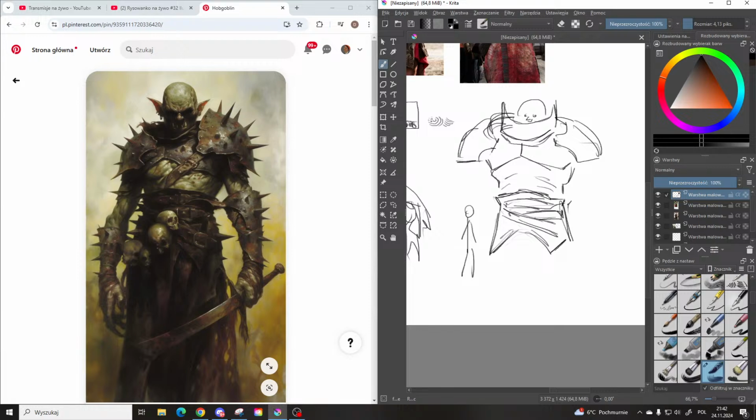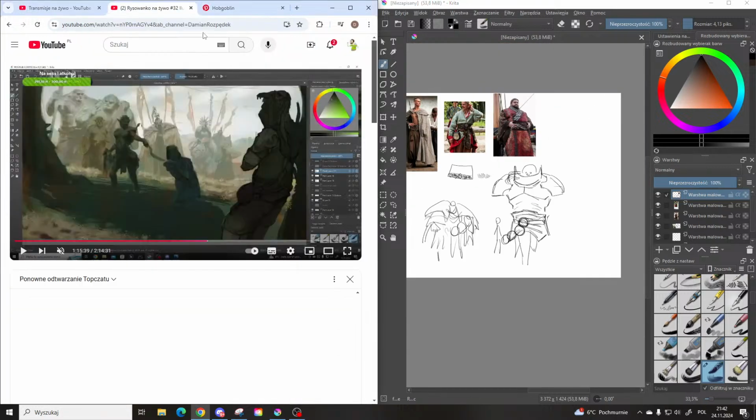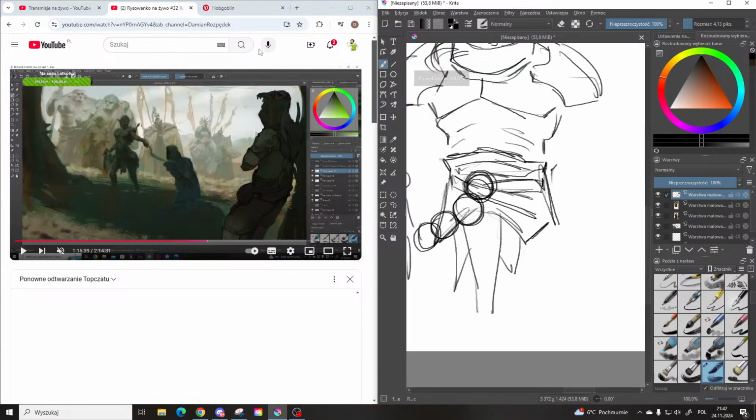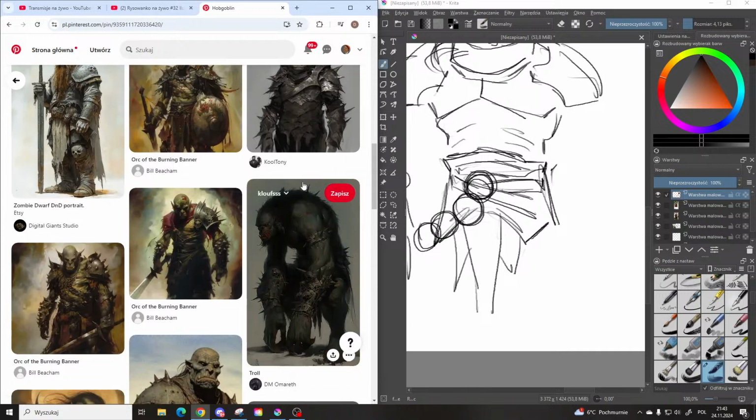It's cool to do it super simple and then not even save the reference, because if I would just redraw it from here, it would be too similar to a design that already exists. But if I just steal some circles and squares, then I turn it off and draw based on my sketches, it is going to be completely different from what it's stolen from.